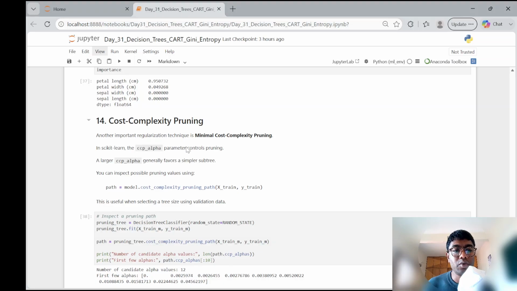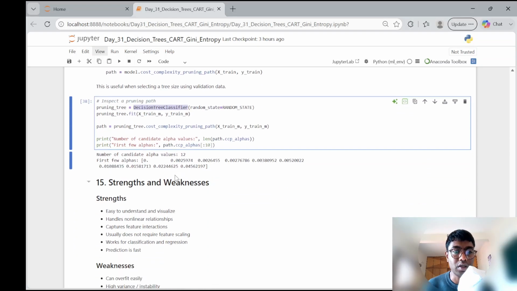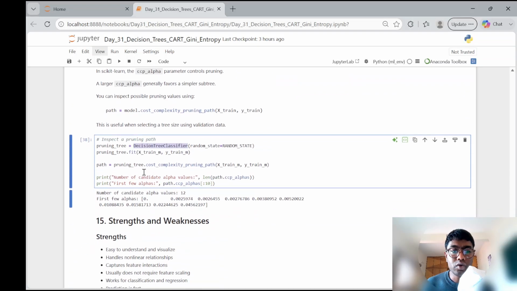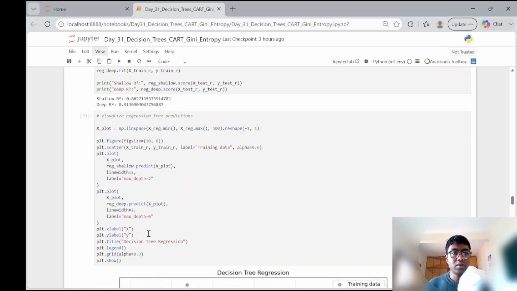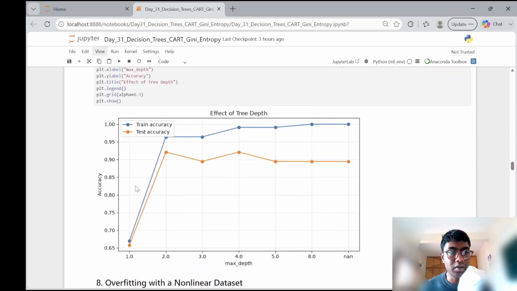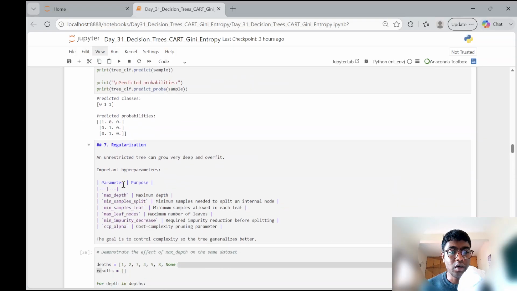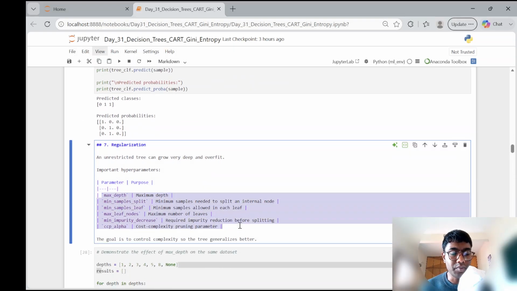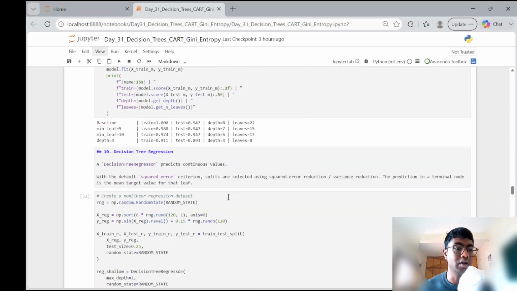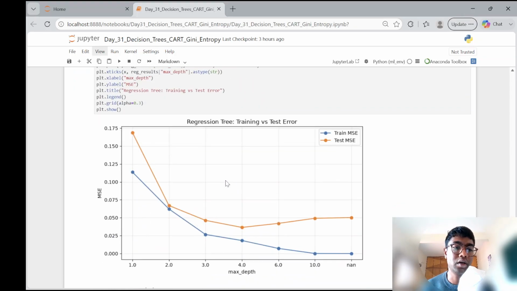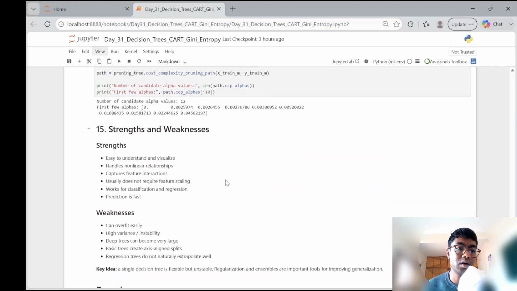Cost complexity pruning, CCP alpha, is a parameter which helps in regularization or controlling the way the decision tree classifier works. So those were the few parameters in regularization, and these were the purpose of it, to control the regularization patterns with the decision tree classifier.